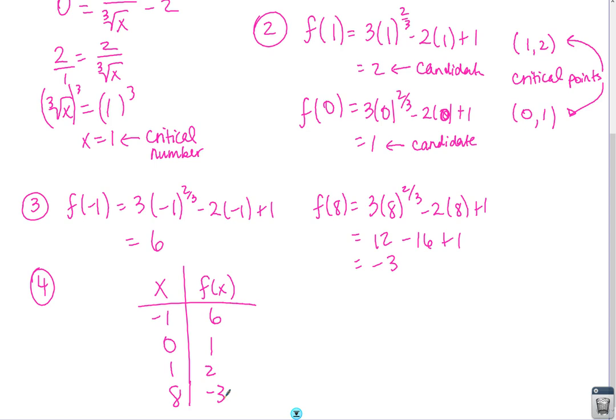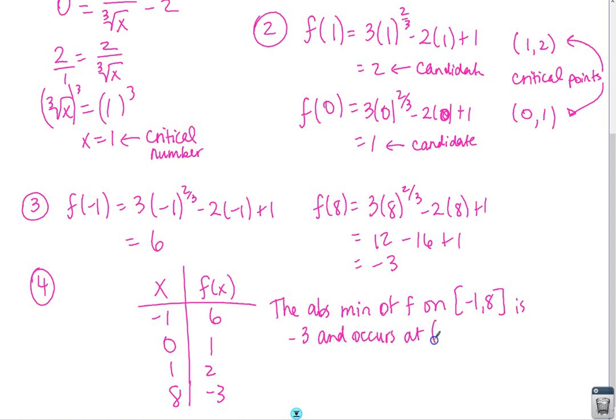So my absolute minimum of f on the interval from negative 1 to 8 is, my absolute minimum value is going to be this negative 3. So it is negative 3 and occurs at (8, negative 3).